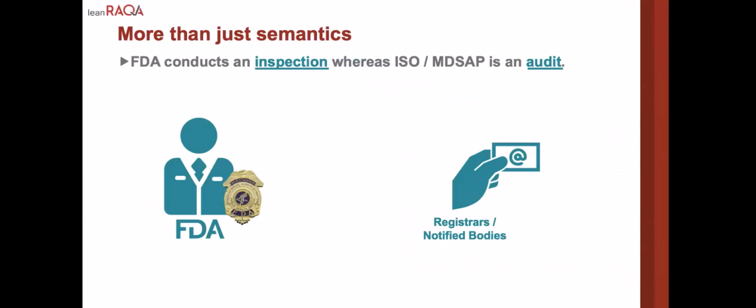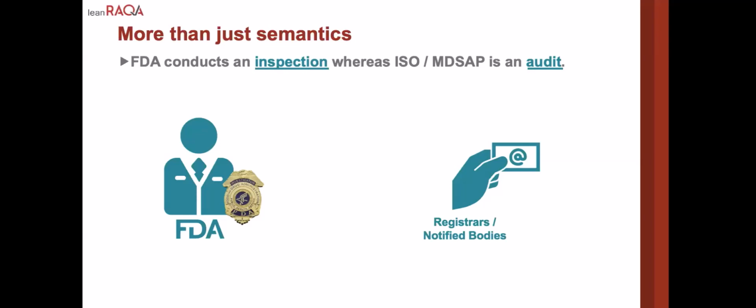So some important differences in all of these types of audits and organizations is that the FDA are badge carrying or card carrying members of the US government. Many of them are actually commissioned officers by the HHS.